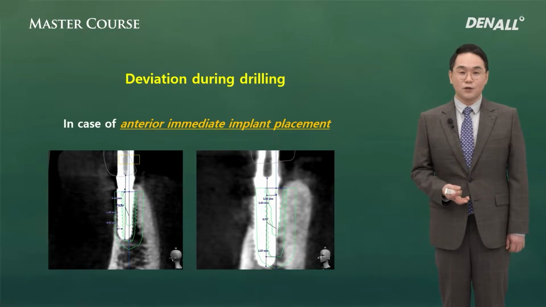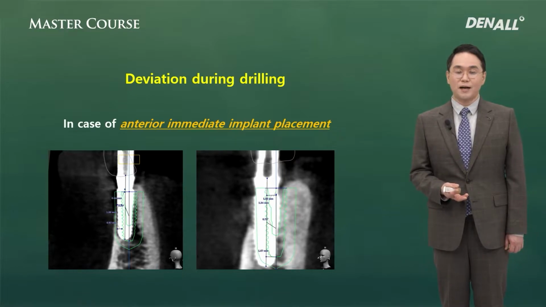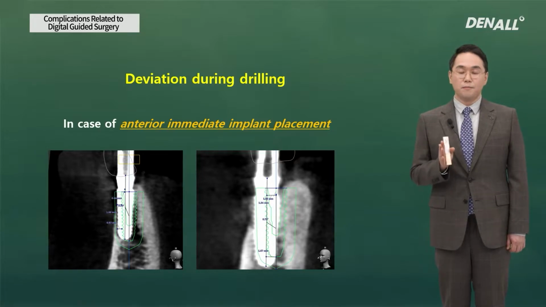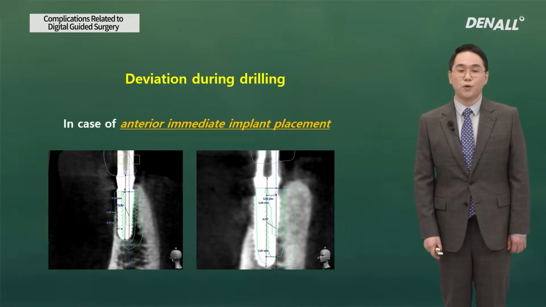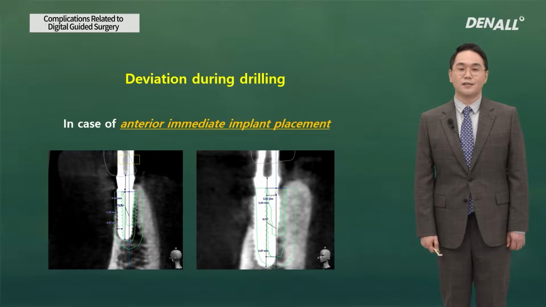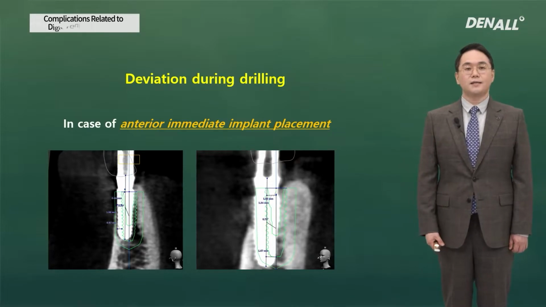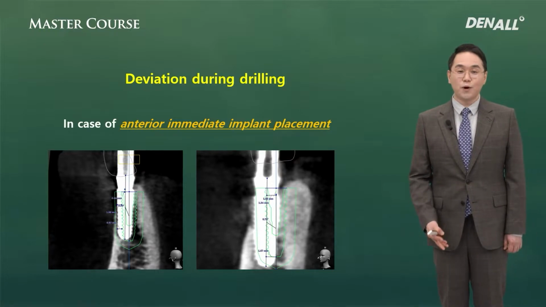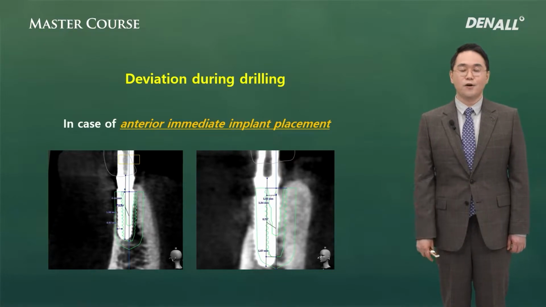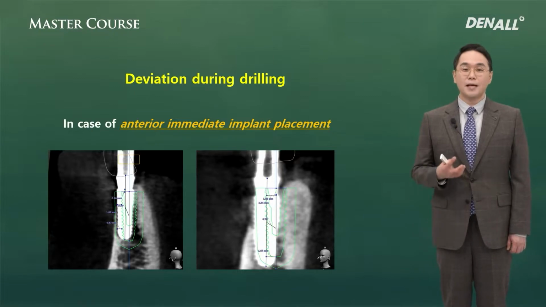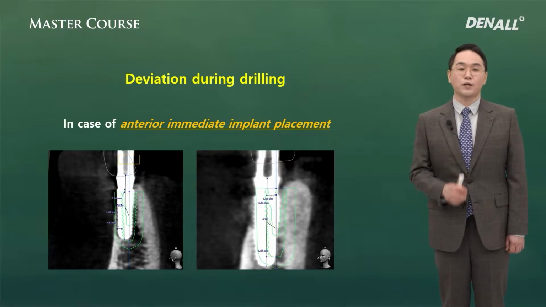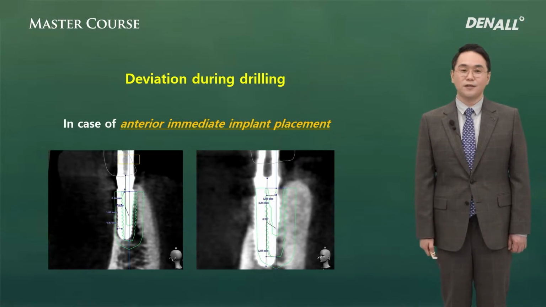When you do immediate placement in the upper or lower anterior area, you need a side cutting drill, which can make indentation on the hard bone on the lingual or palatal side. However, in One Guide kit, there's no side cutting drill. Because there's a guide hole where drilling is made possible in the planned path, a side cutting drill is made unnecessary.